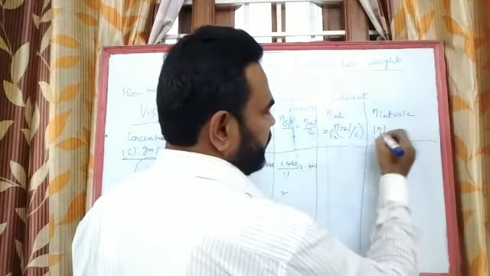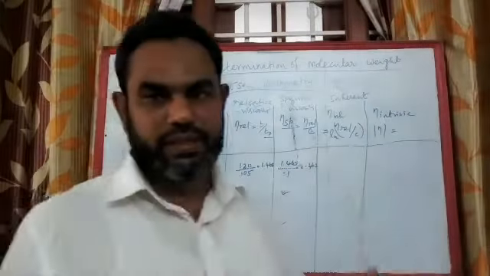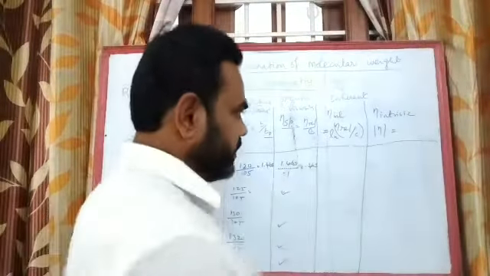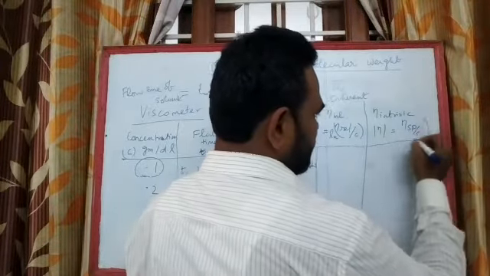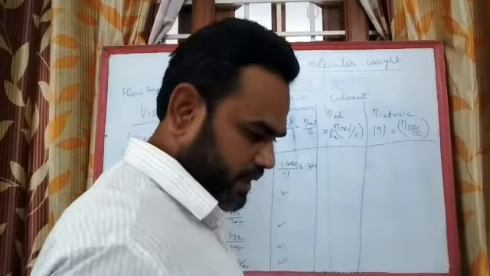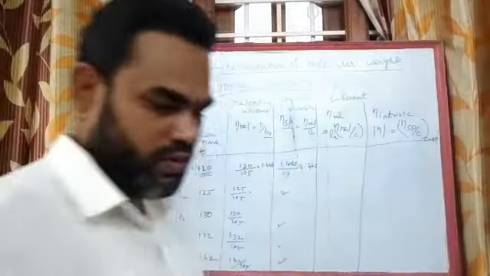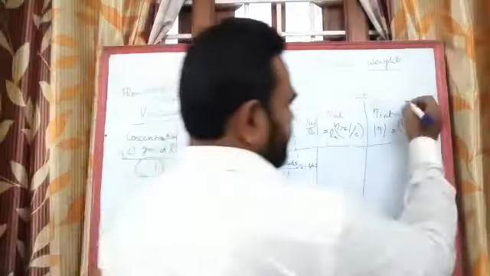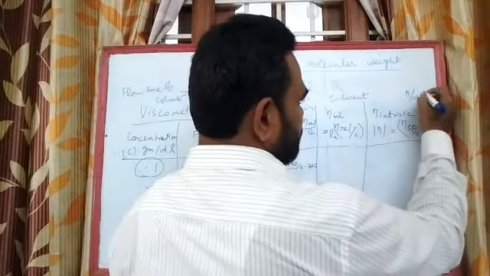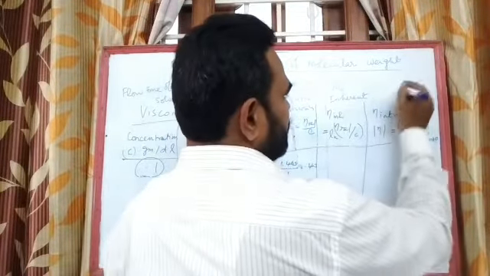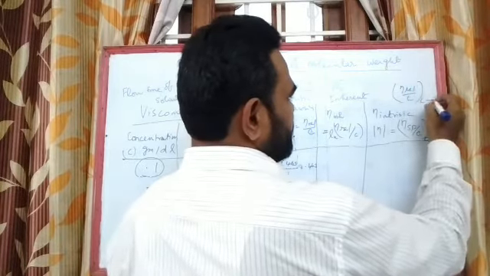This eta intrinsic is equal to eta specific by C when the concentration C tends to become 0, or the log of eta relative by C when the concentration C tends to 0.